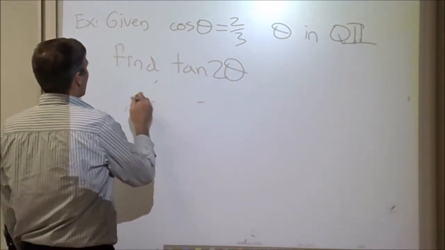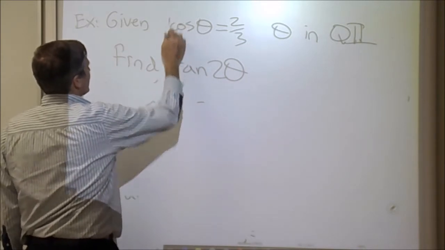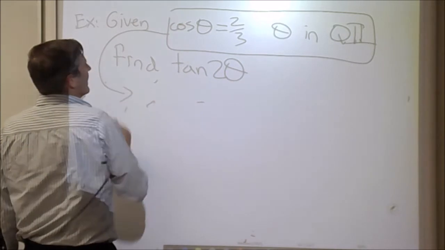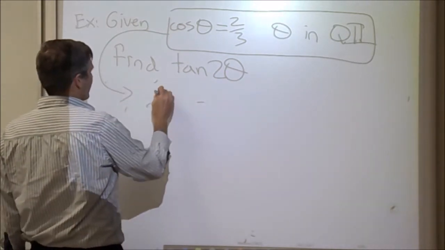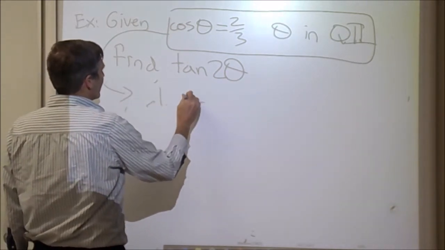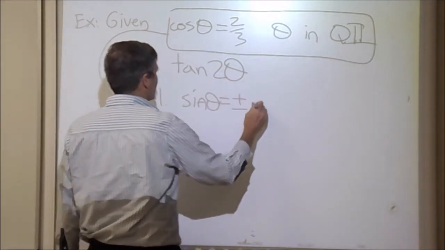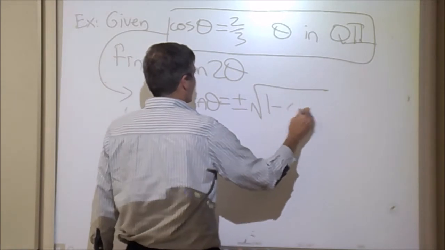We first, from cosine theta equals 2/3 and theta in quadrant 2, we can compute the sine. The sine, for instance, can be calculated as plus or minus the square root of 1 minus the cosine squared.